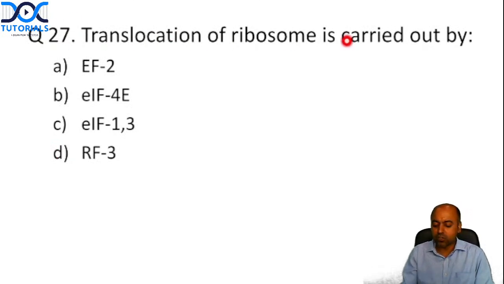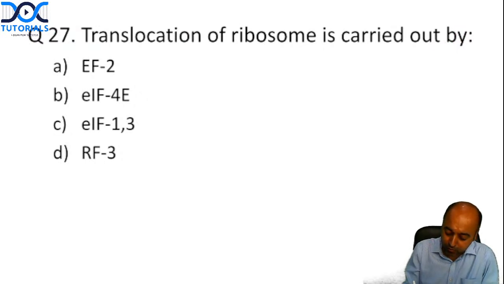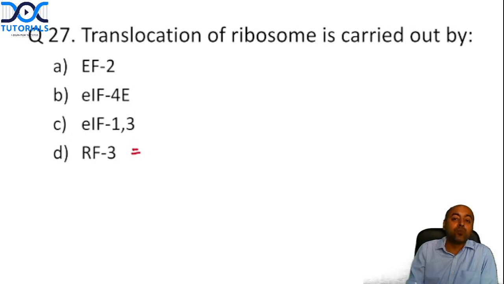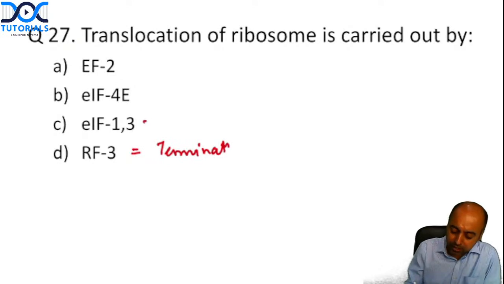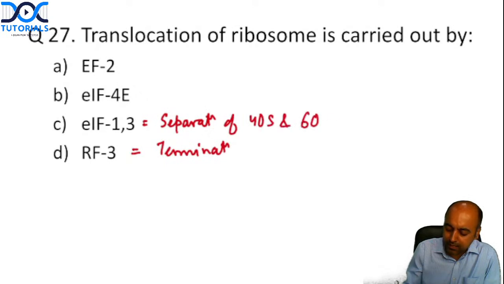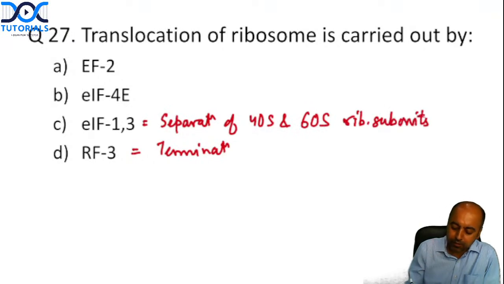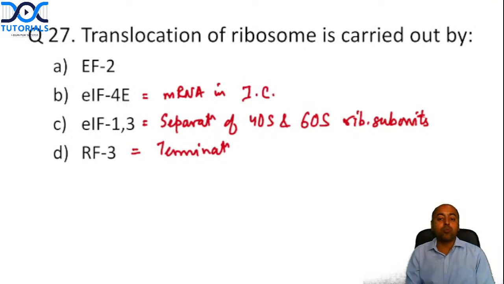Question number 27. Translocation of ribosome is carried out by... So here what you have to know: releasing factors 1, 2, 3 are going to cause the termination. Initiation factors 1 and 3 facilitate separation of the 40S and 60S ribosomal subunits. Initiation factor 4E brings in messenger RNA inside the initiation complex.